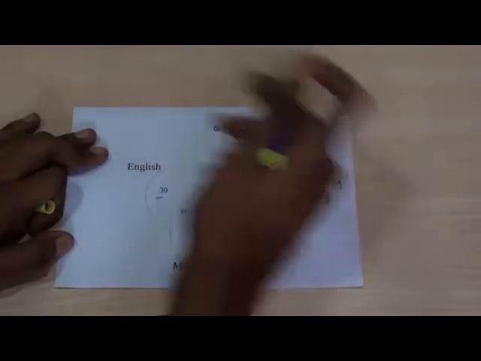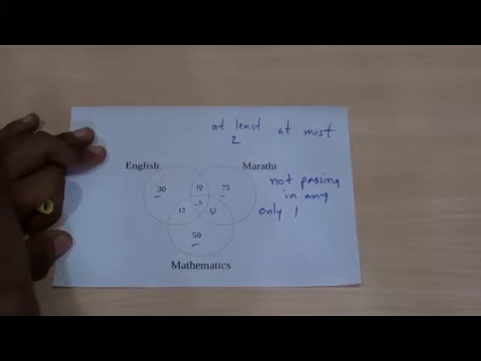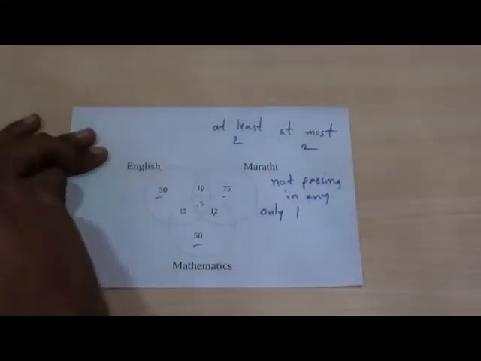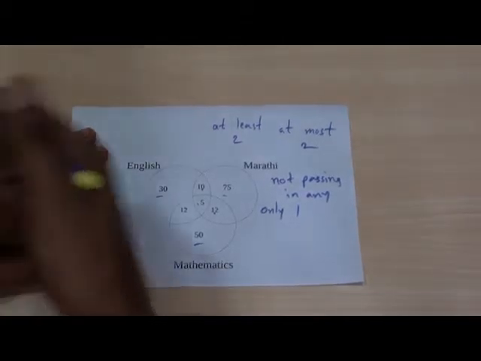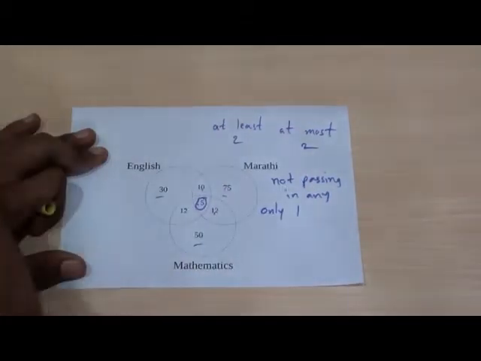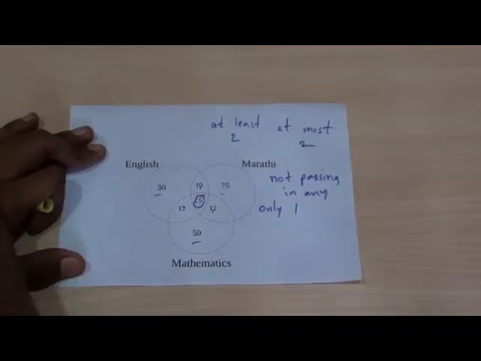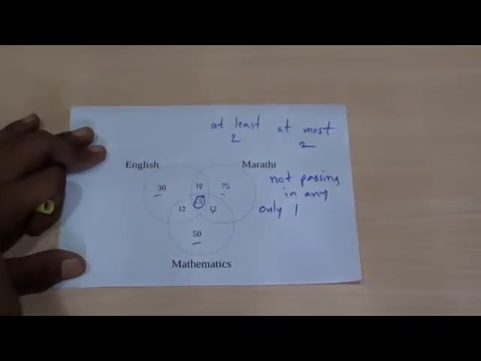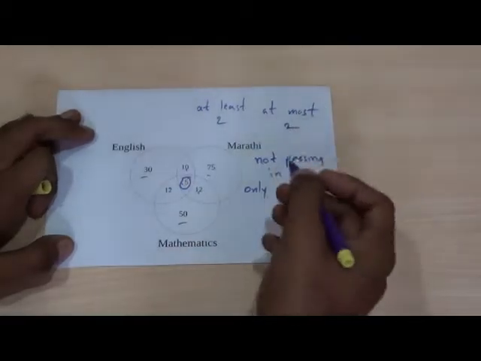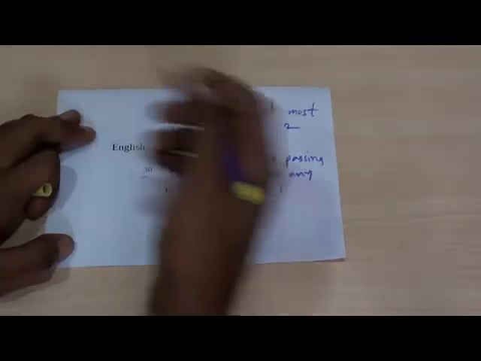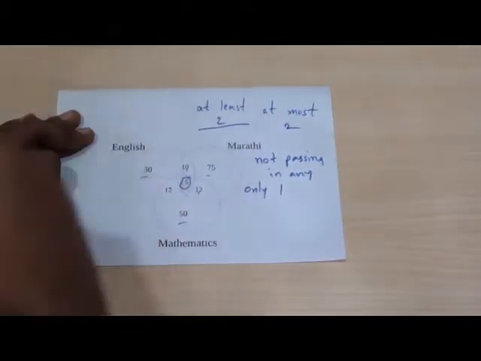Obviously at most is the opposite of that, that is at max it can appear in one circle or 2 circles. So if I give at most 2, that means it cannot appear in more than 2 circles. So this number cannot be added. Okay, so in such questions it's pretty simple. So we'll take just one example, at least 2, which is easy to solve.